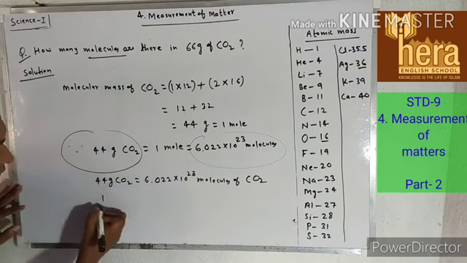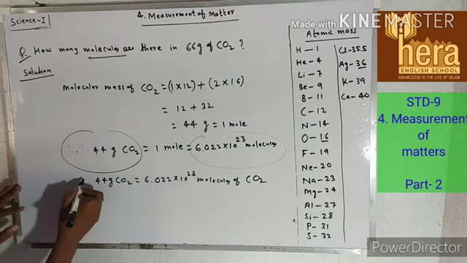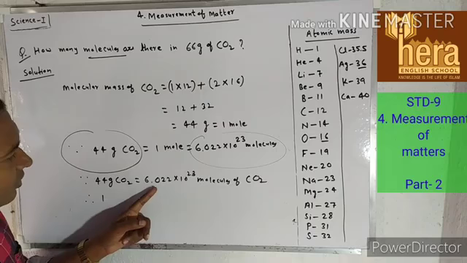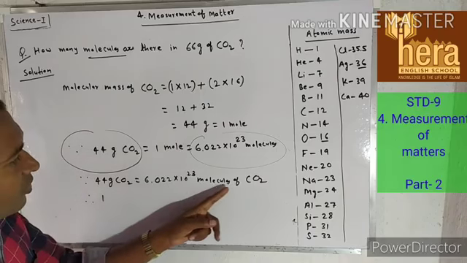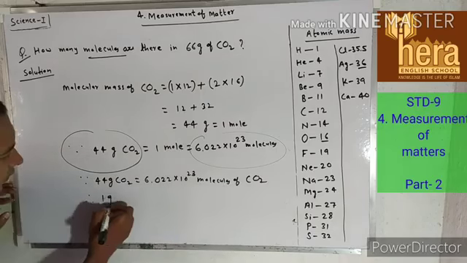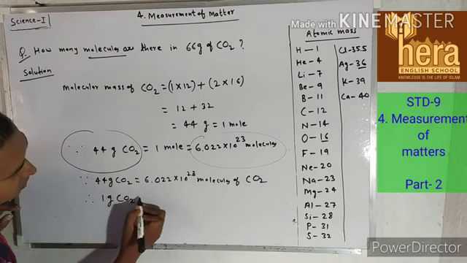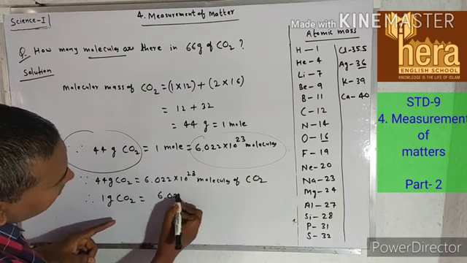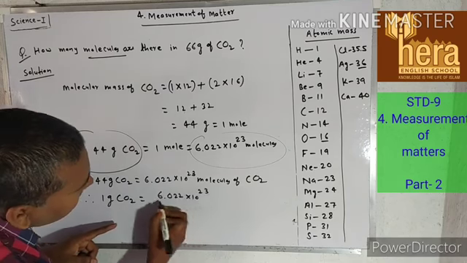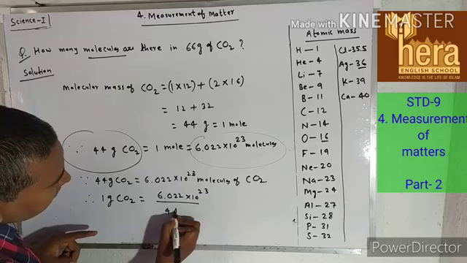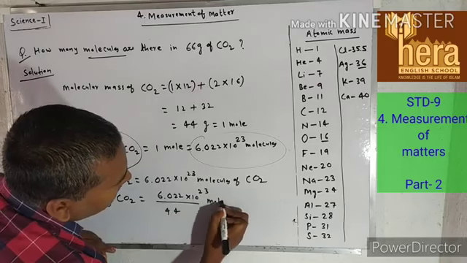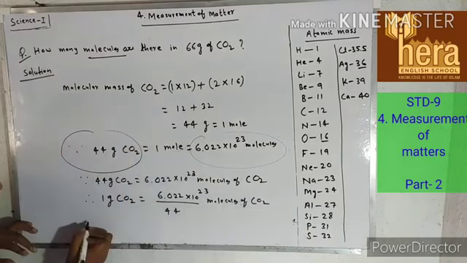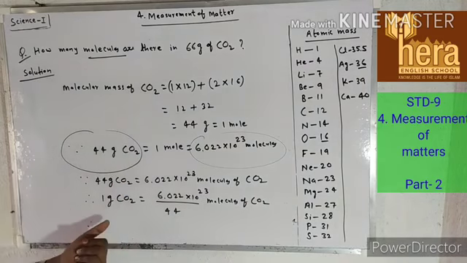Therefore, since 44 gram of CO2 is equal to 6.022 into 10 raised to 23 molecules of CO2, 1 gram of CO2 is equal to 6.022 into 10 raised to 23 divided by 44 molecules of CO2. Therefore, we are using the unitary method here.